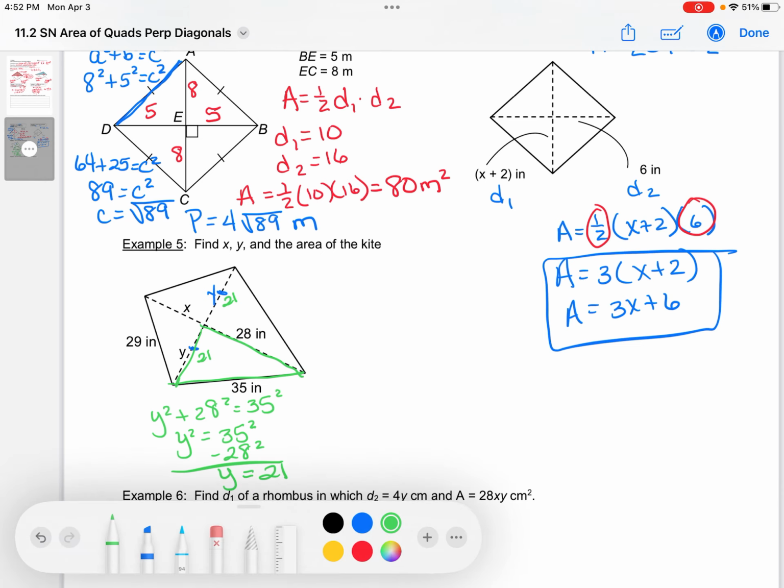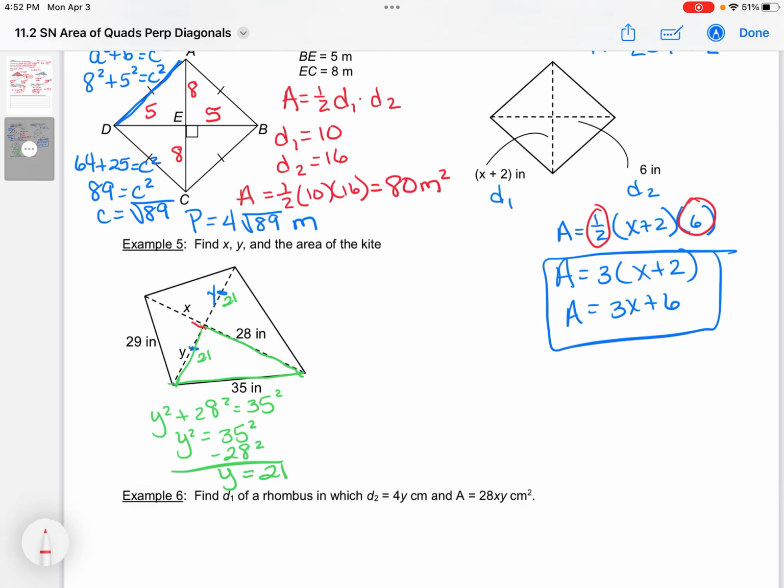And if I know that, then I can find x by using this triangle. And now I know that x squared plus 21 squared equals 29 squared. So x squared equals 29 squared minus 21 squared.